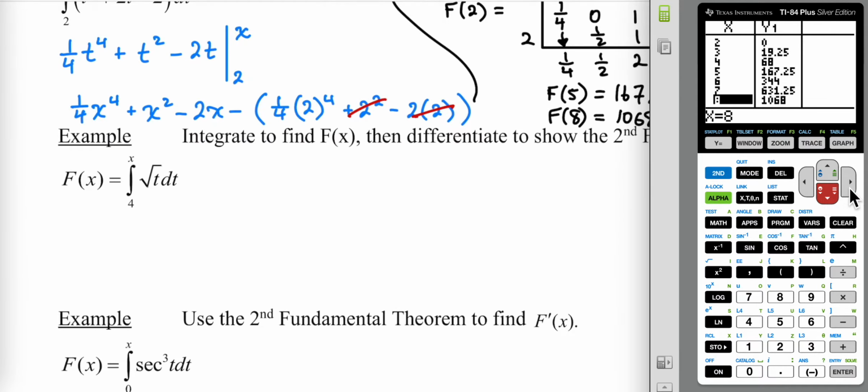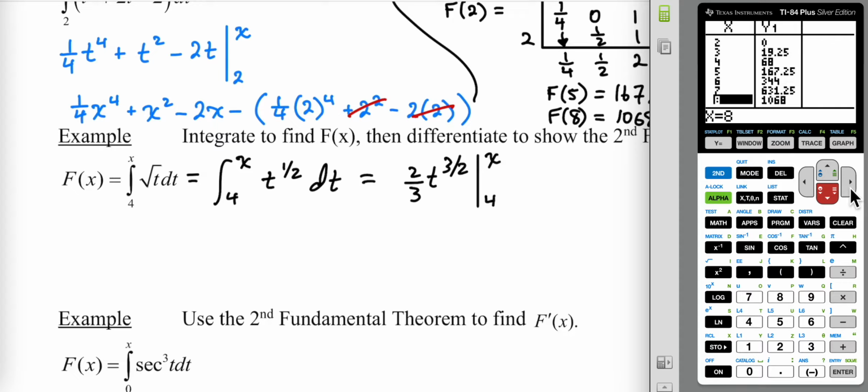So first I'm going to rewrite this as going from 4 to x of t to the 1/2 power dt. Increase the exponent by 1, divide by the new exponent. We're looking at t to the 3/2, divide by the new exponent gives you 2/3 over the interval of 4 to x.